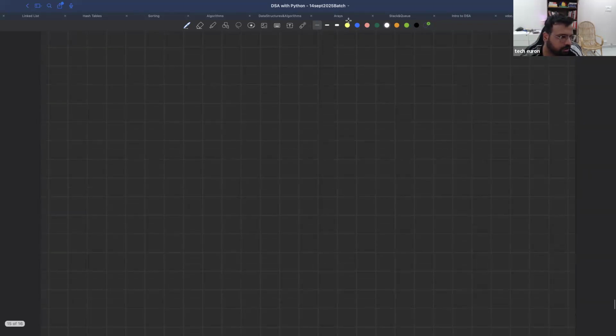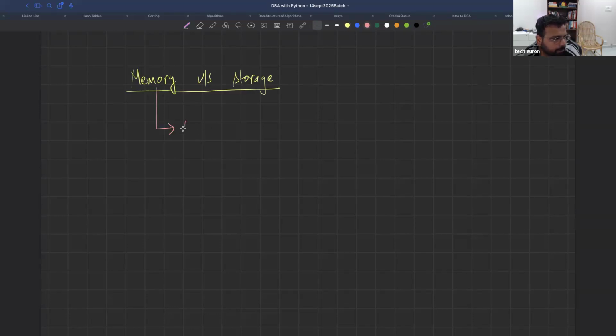Before learning about array a little bit, I want to talk about memory. Memory versus storage. You must have heard about memory, and you might also know about storage. What is the difference between memory and storage? Memory is your temporary location where all your data is stored, which is being used by any program.